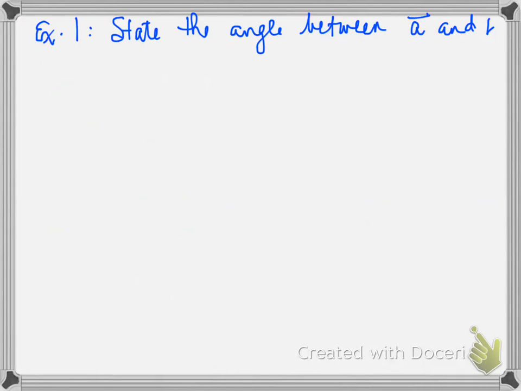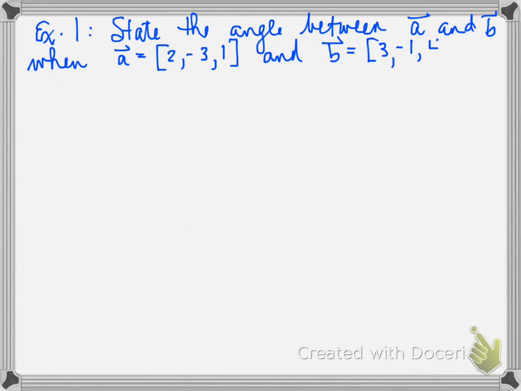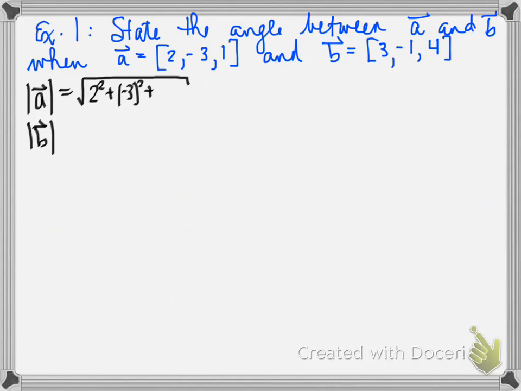Next, looking at example 1, we're going to state the angle between A and B when vector A is equal to a certain component vector and vector B is equal to a certain component vector, such that we need to determine the angle between them.